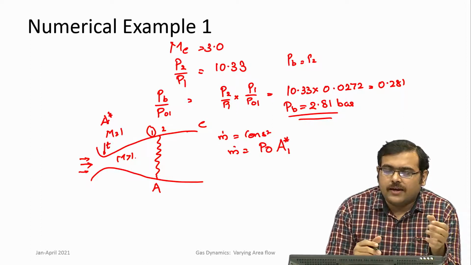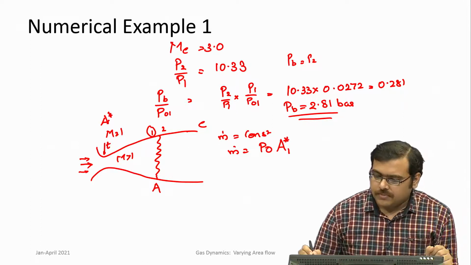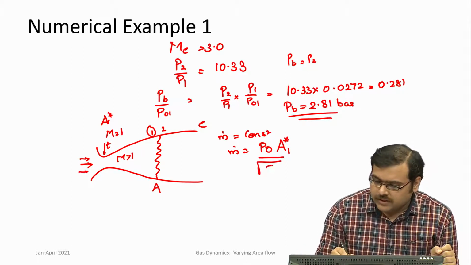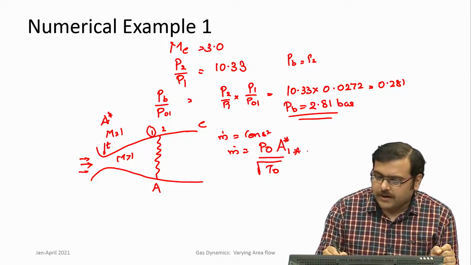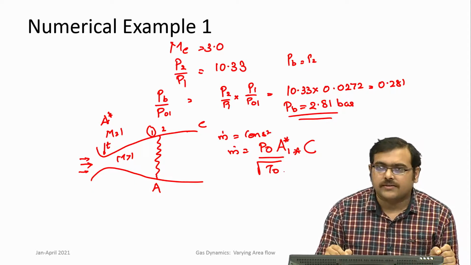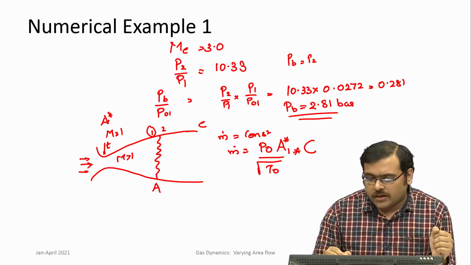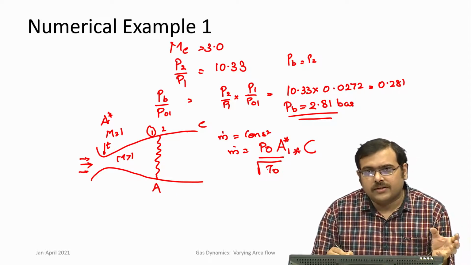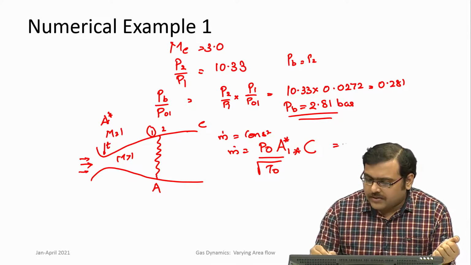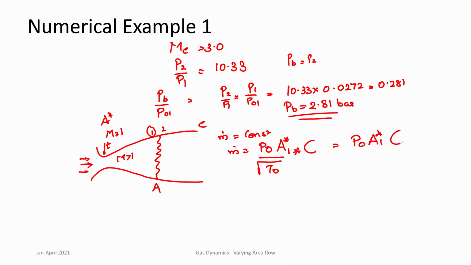The star area does not change. P0 A1 star by square root of T0, and it gets multiplied by a constant. This constant I will say is C. So stagnation temperature is a constant, it is an adiabatic flow. So essentially it is dependent on P0 A1 star and everything else is a constant.